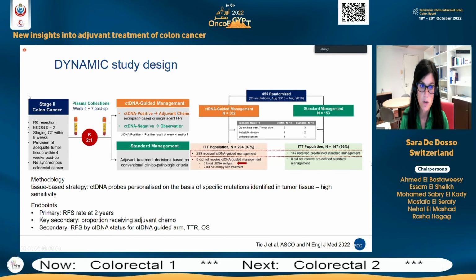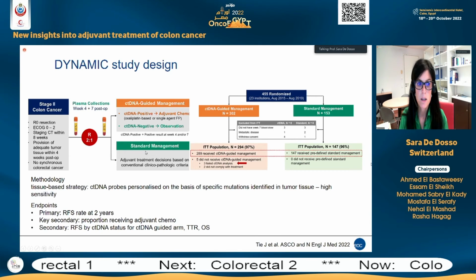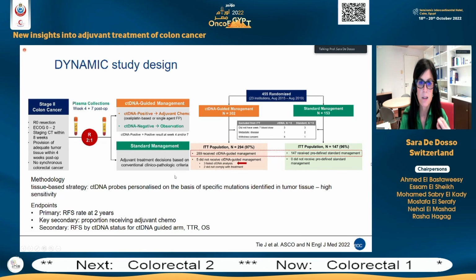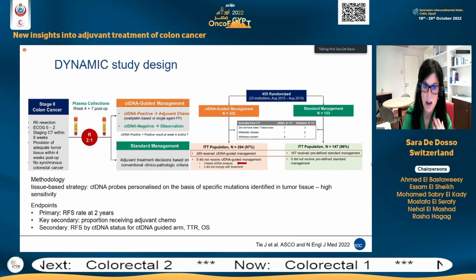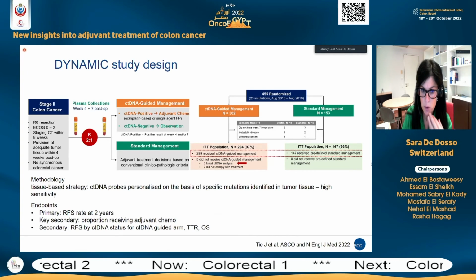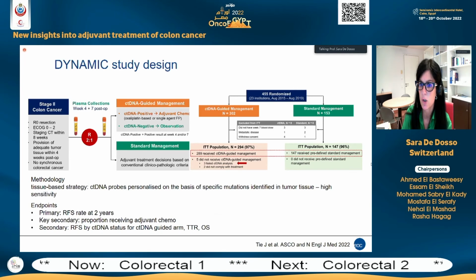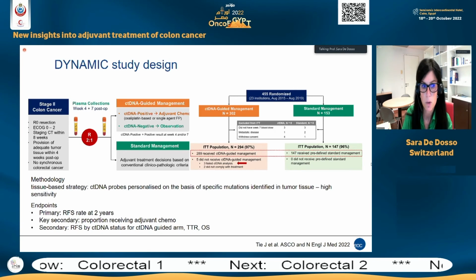Just to remind you, this was stage 2 colon cancer. The methodology was a tissue-based strategy. It was a really highly personalized treatment because ctDNA probes were personalized on the basis of specific mutations identified in tumor tissue.